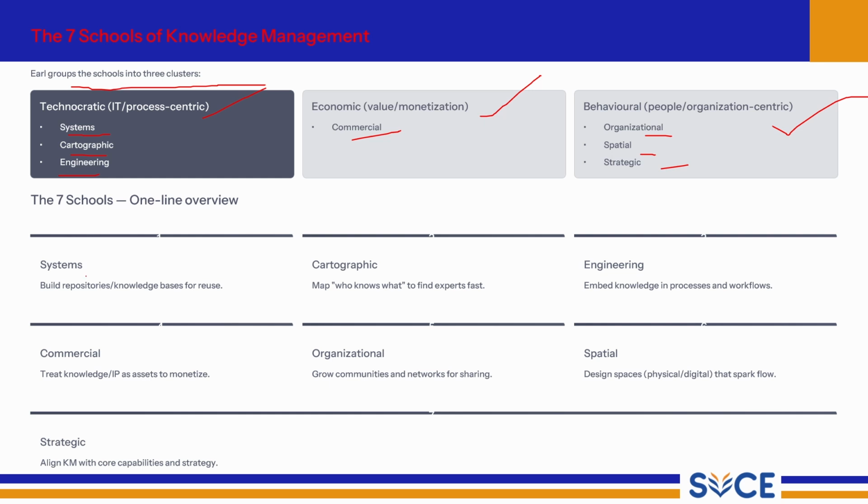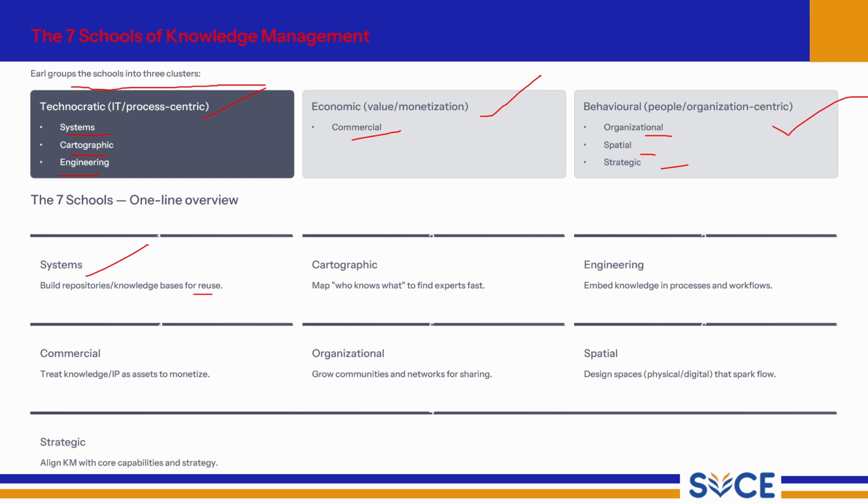Number 1 is the system school. It builds repositories and knowledge bases for reuse. That is, the system school is about creating databases or repositories so knowledge is stored and reused across the organization, capture once and reuse many times.